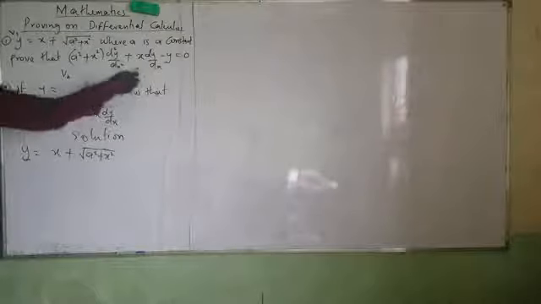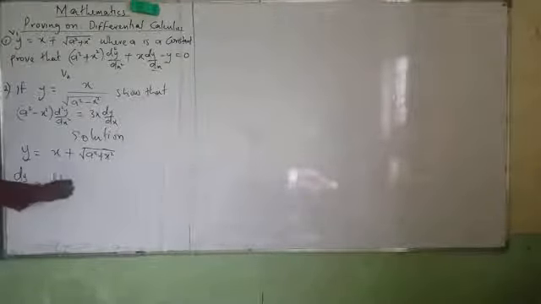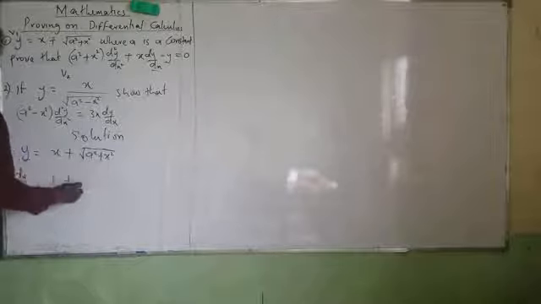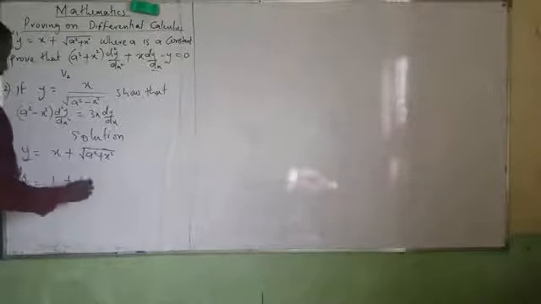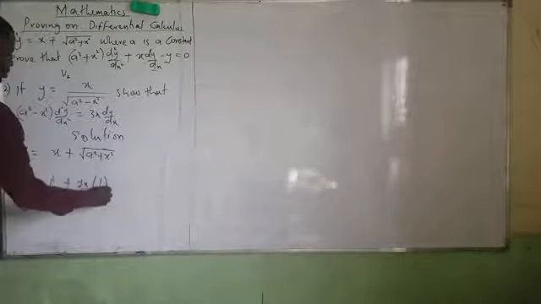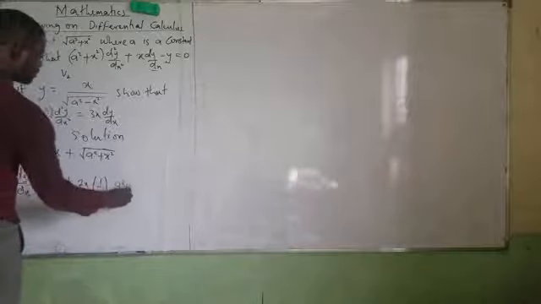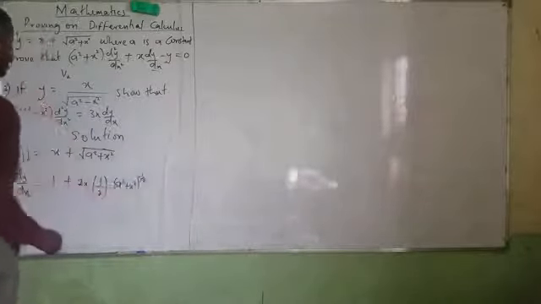Let me generate my dy/dx. dy/dx will be equal to 1 plus, I differentiate this with respect to x, which gives 2x times 1 over 2 times (a squared plus x squared) to the power of minus 1 over 2. Take note of this.